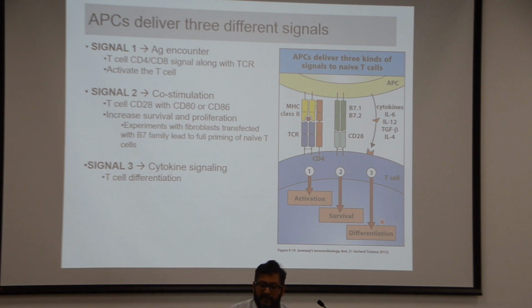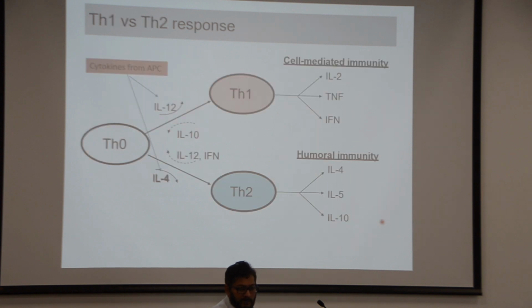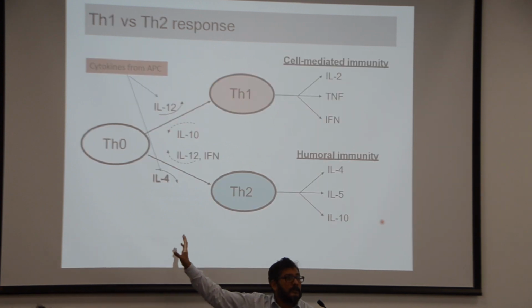Now, briefly, you remember a little while ago we discussed that the majority of the signals here design what the outcome is going to be like. So what happens is, now here we are talking about only the third signal, the cytokine.